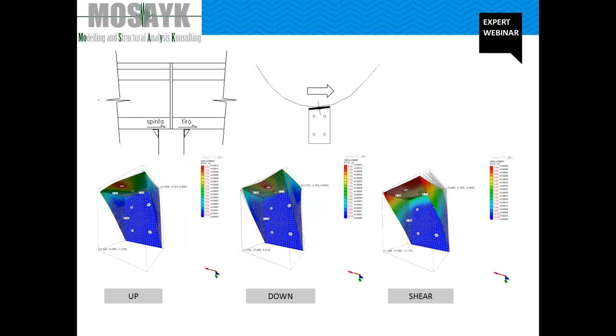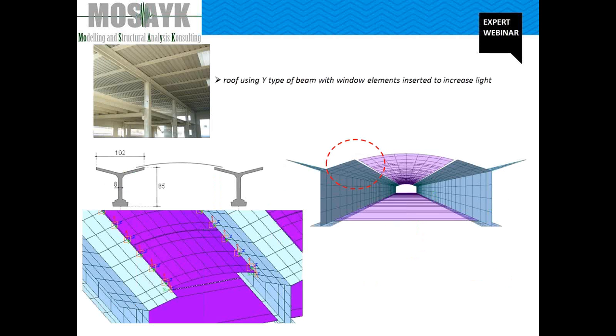Using this approach, we can see exactly all the local collapse mechanisms of the steel plate in case, for example, of shear, tension, and compression. More refined information could be obtained using Midas FEA.